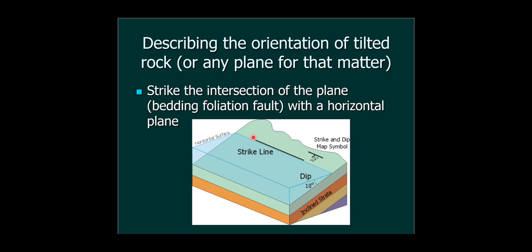And the easiest way to think about this is maybe think about water. As you know, rising water over our plane, where the water meets the plane, that's the line of strike. Okay, so if I come back here and I look at this, we're kind of looking at this end on, right?